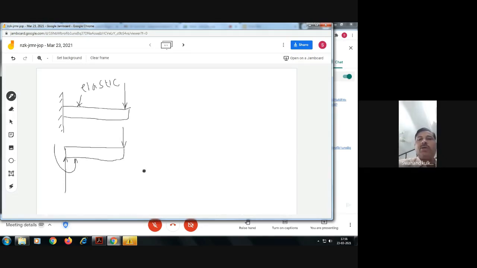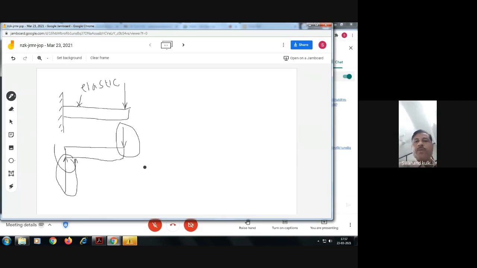So this downward arrow is balanced with this upward force. Downward forces are equal to upward forces. Are you convinced with this?